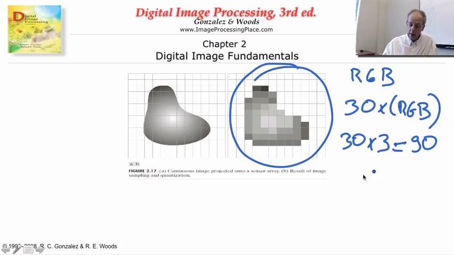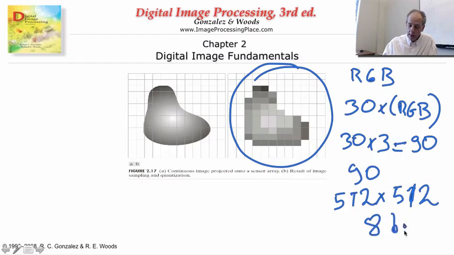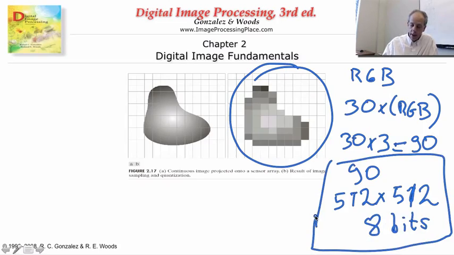And of course, let's say 90 images at a resolution of 512 times 512 each, and 8 bits each. So this is what you need to represent at relatively low resolution. This is not very high resolution. This is pretty standard.